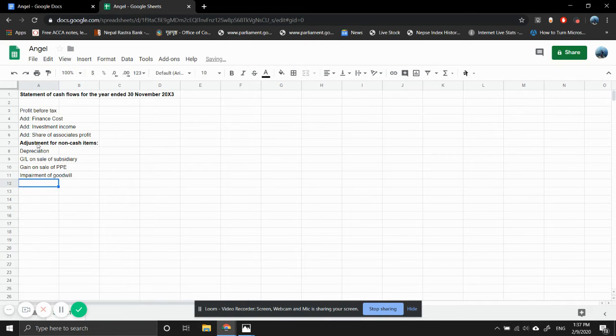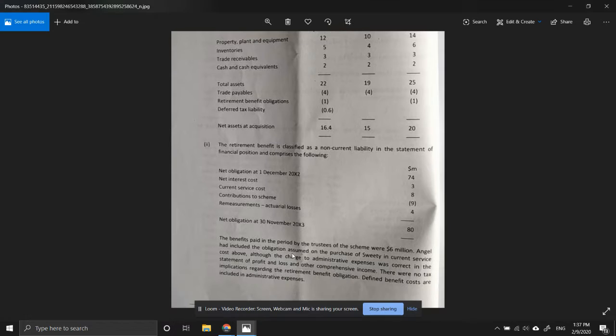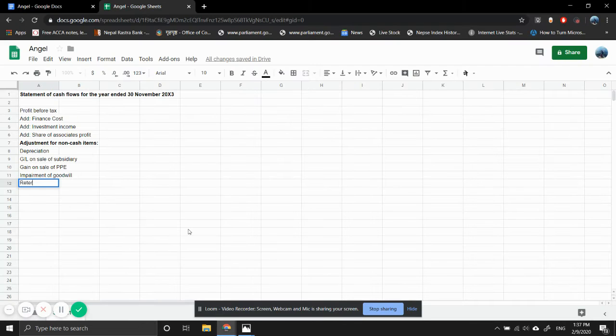And then retirement benefit will be costs, so benefit expense, basically the service cost, right? Service cost.